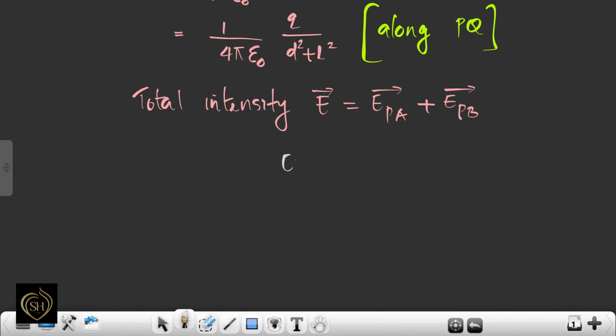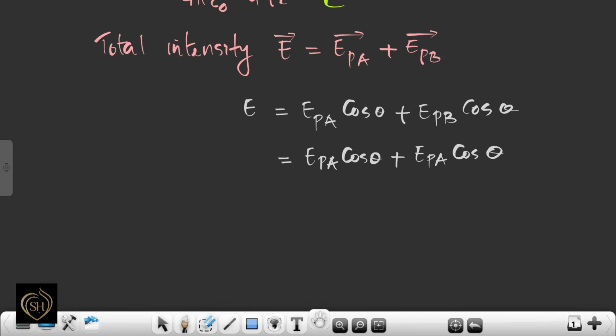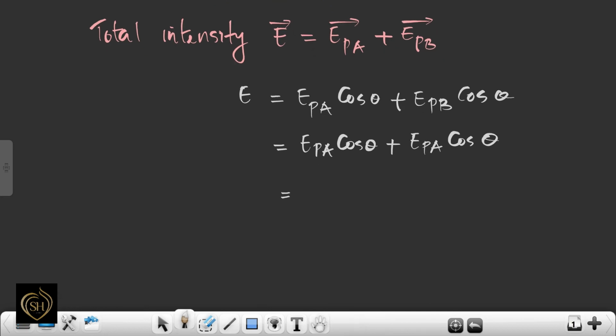So E is equal to EPA cos theta plus EPB cos theta. Since both EPA and EPB have the same magnitude, we can write EPA cos theta plus EPA cos theta. That is equal to 2 EPA cos theta.